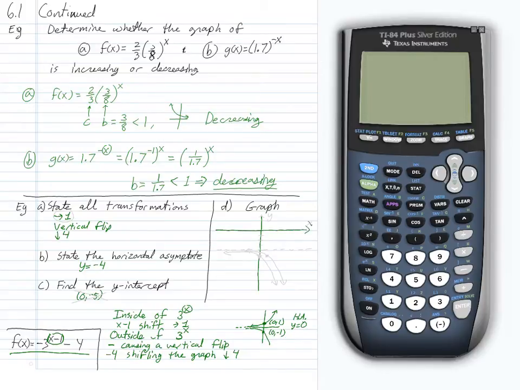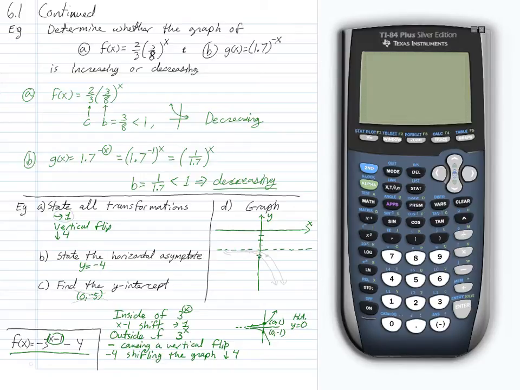Here we have the x-axis, the y-axis, and our horizontal asymptote, 1, 2, 3, 4. I like to put that as a dotted line so that I know the boundary that my function is trapped by. 0, negative 5, our y-intercept.